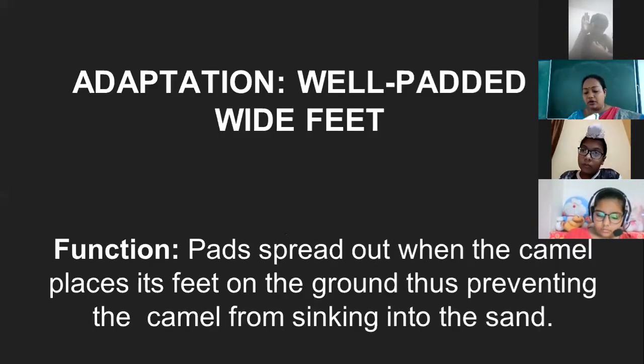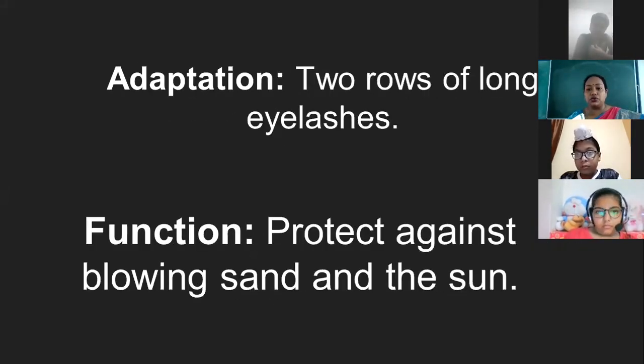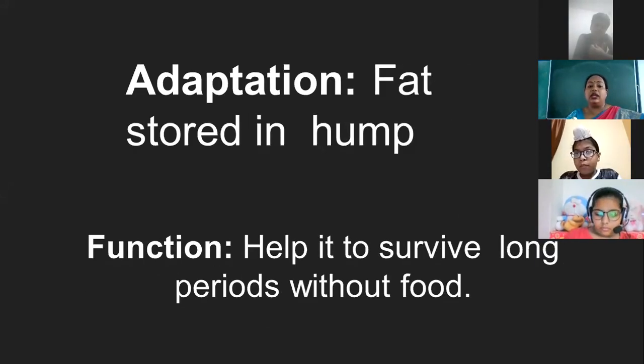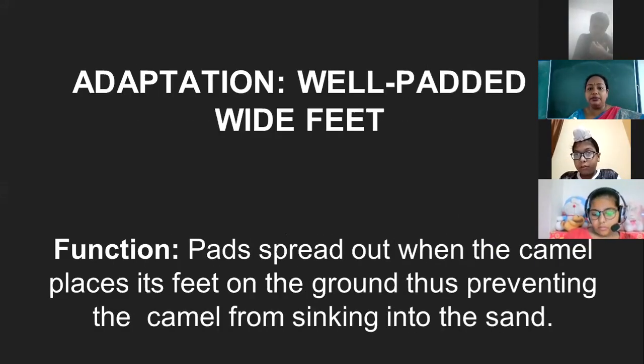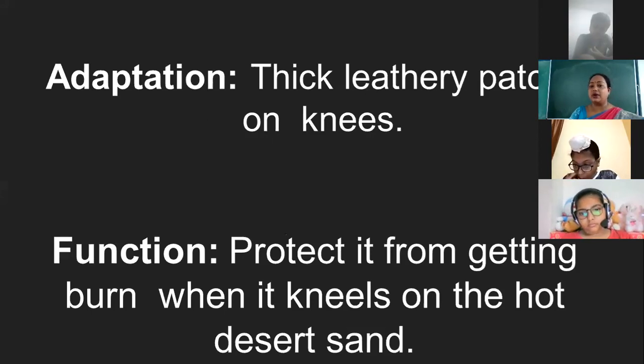So we have discussed various characteristic features: two rows of long eyelashes, then fat which is stored in the hump. Then we discussed the well padded wide feet. What was the use of the well padded wide feet? When it is moving on sand, it helps it not to sink in the sand. Then we discussed the thick leathery patches on the knees. What is the use of these patches?